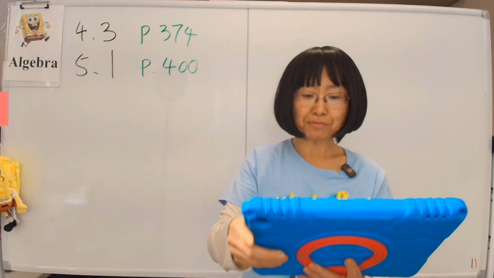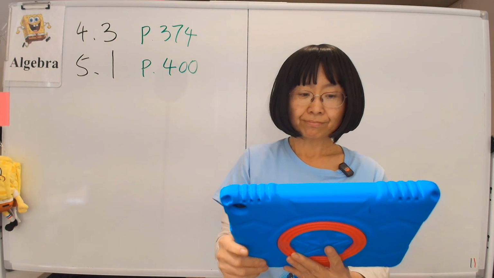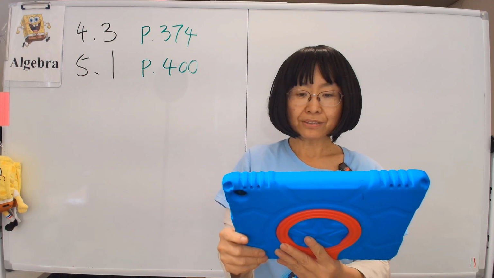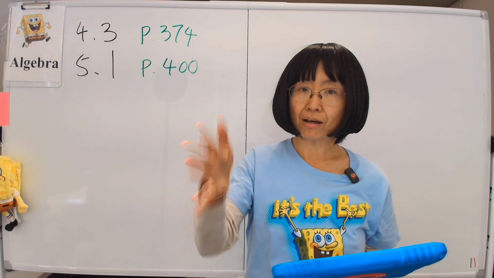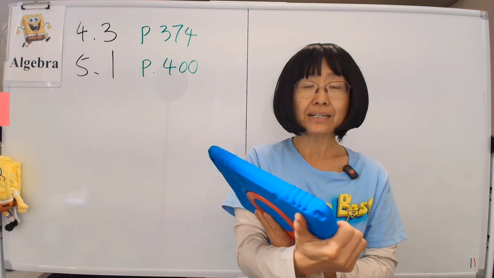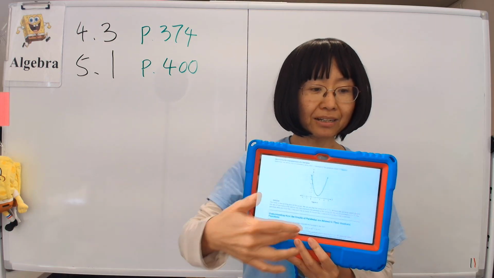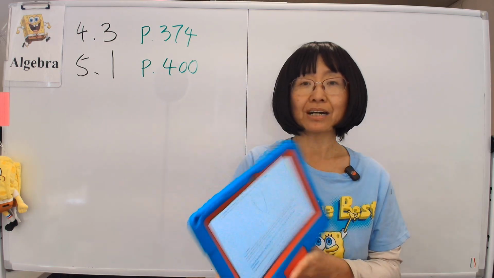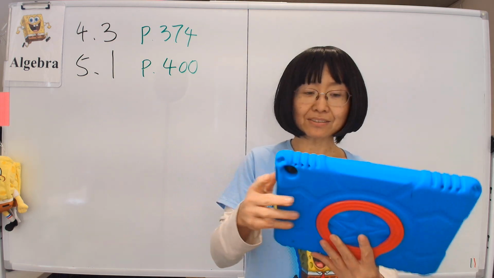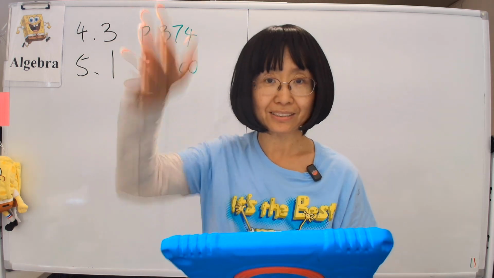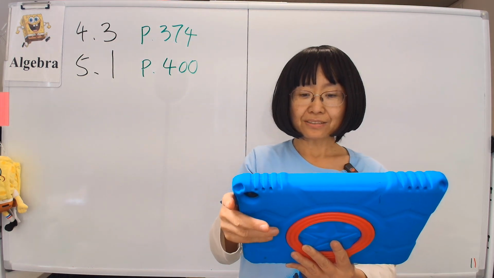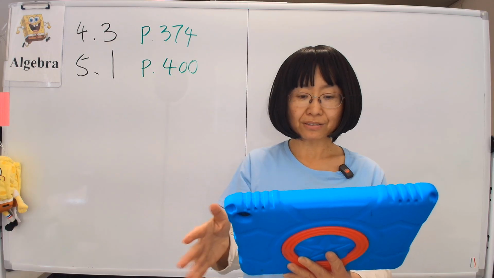So (3, 1) is the vertex. The axis of symmetry is right along the 3 line, x equal to 3. Imagine x equal to 3, you can draw the line clear up, where all x values equal 3 and the y value can be anything. So x equal to 3 is the axis of symmetry.